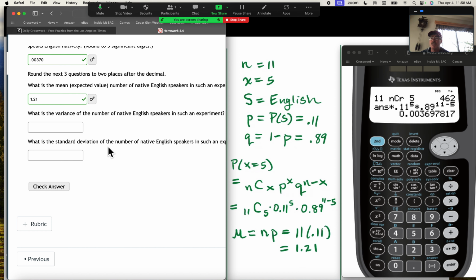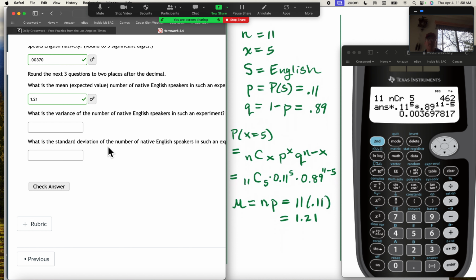And then the variance, I'll do the standard deviation first. So real quick, standard deviation is the square root of npq. Okay, so that would be the square root of 11 times p, which is 0.11, times q, which is 0.89.